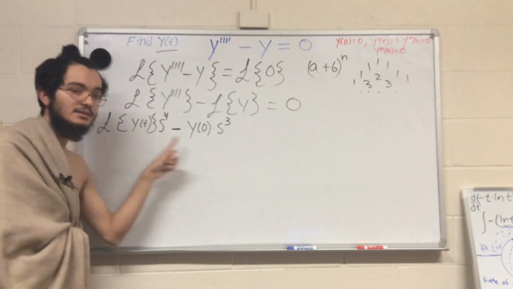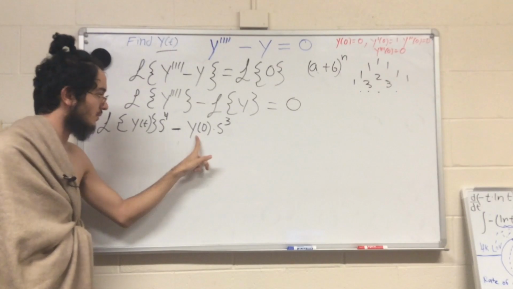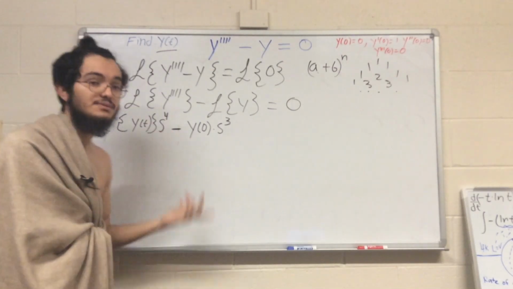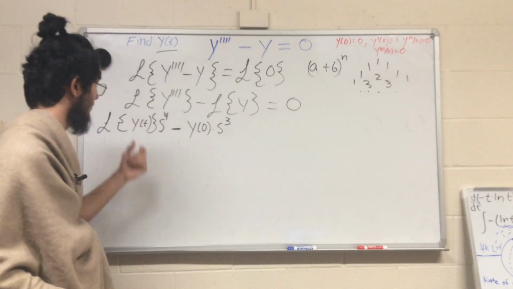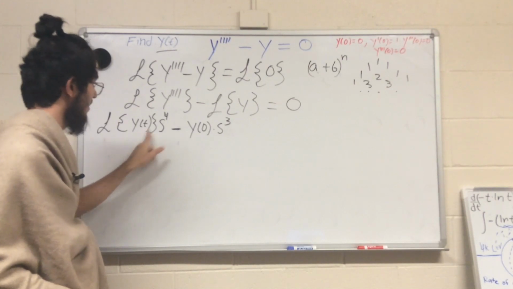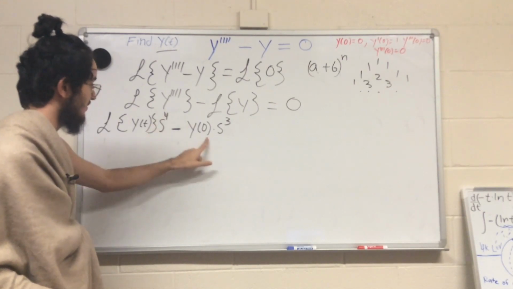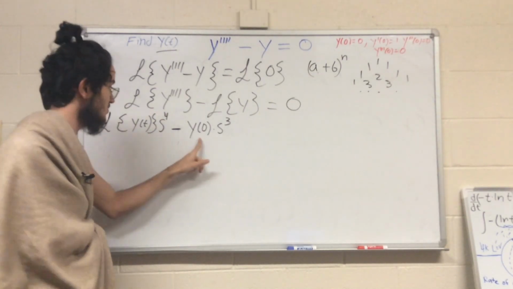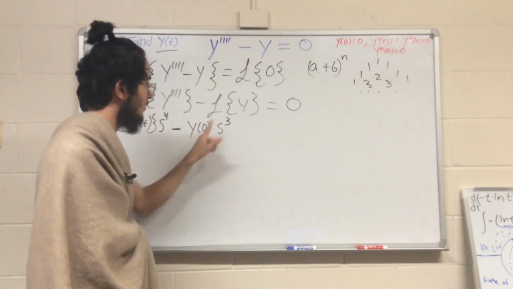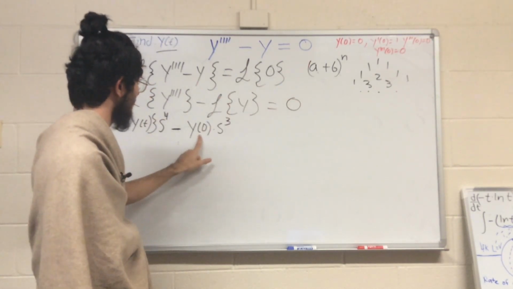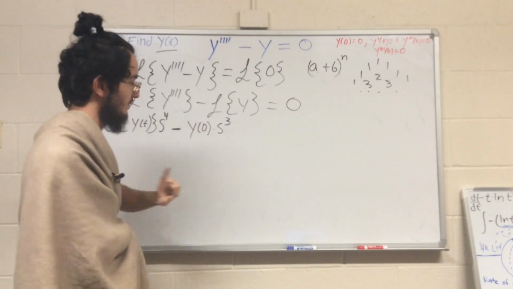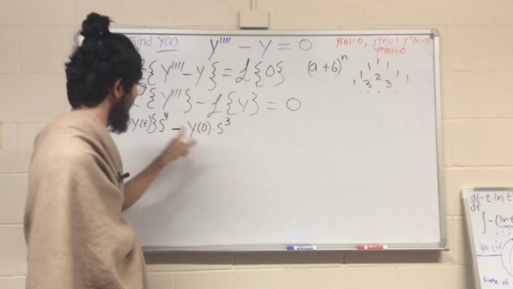Clearly, the order of the derivative of y here is 0, so there are no derivatives here, but there's s to the fourth. Now over here, we start to see the function y with the initial value y of 0 times s to the third, so we're subtracting.